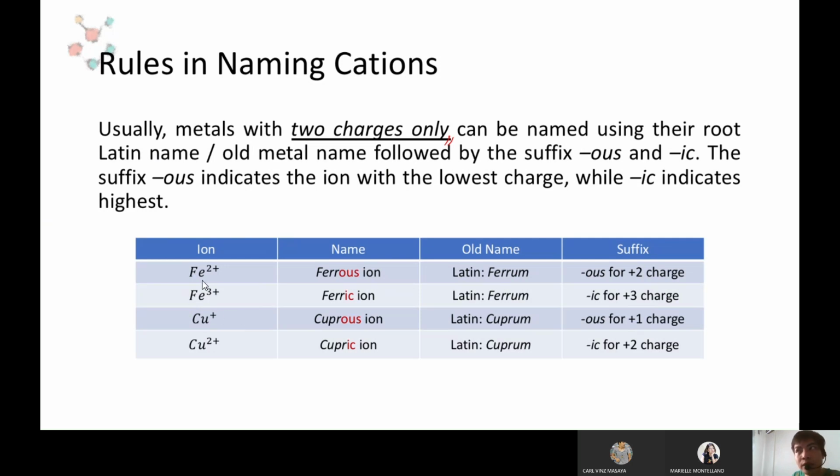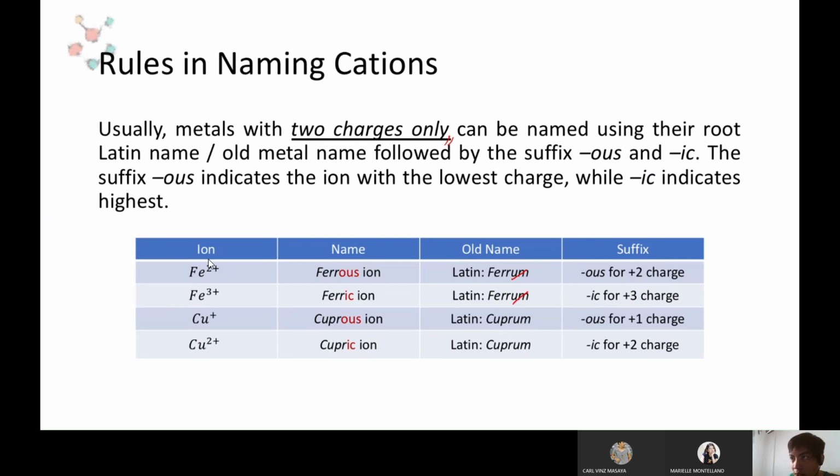The root name of iron is ferrum. Its old name is ferrum, which is why it's Fe and not IR. Fe, because ferrum, the Latin name. So, what you do is get the root. How do you get the root from the Latin name? You just remove the um, so fer. To this fer, you add the suffix us or ik, depending on which charge is the lowest or the highest.